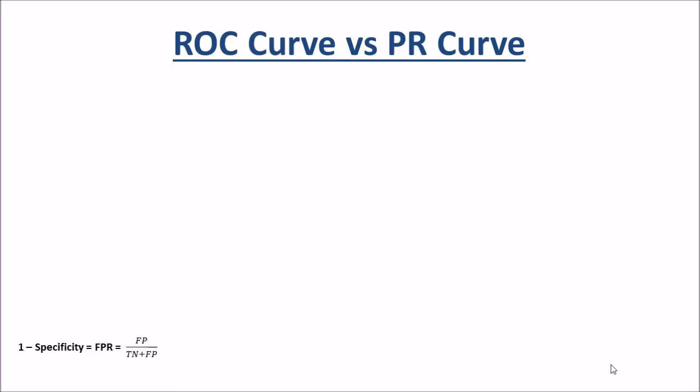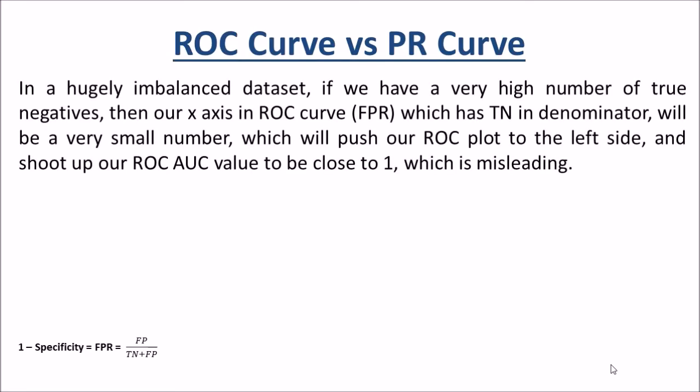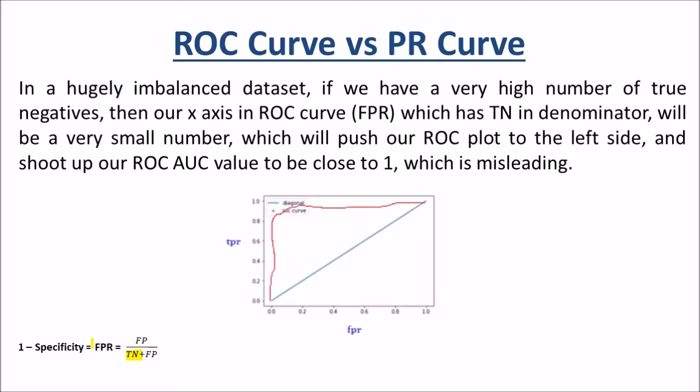Now let us compare ROC curve and PR curve and when to use which one. Now in a hugely imbalanced dataset, if we have a very high number of true negatives, then if you look at this formula for the false positive rate, which is my x-axis on my ROC curve, my number of true negatives will be a very huge number, because my dataset is very hugely imbalanced, and hence my false positive rate will be a very small number.